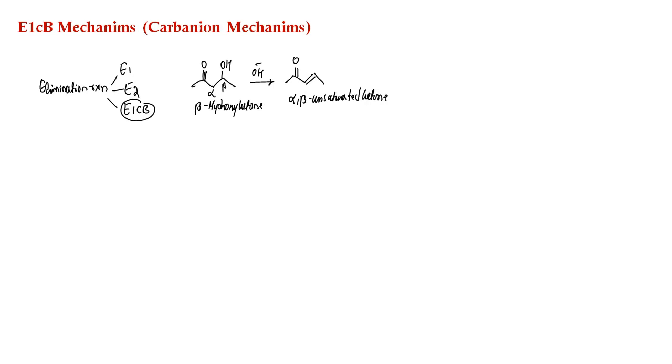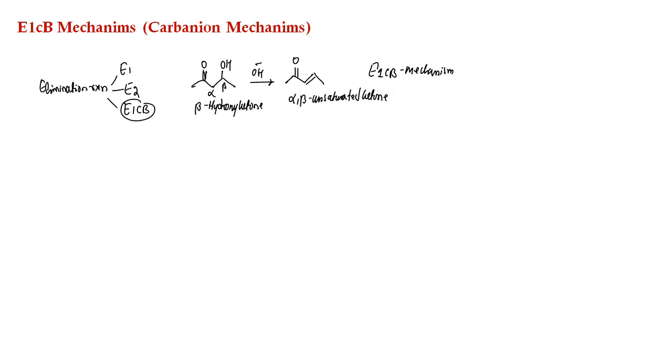As a new double bond has formed between the alpha and beta carbon atoms, we call it an alpha beta unsaturated ketone. This reaction proceeds through the E1cb mechanism.